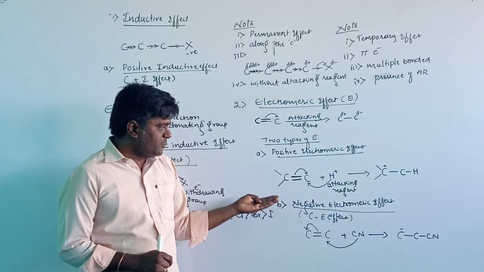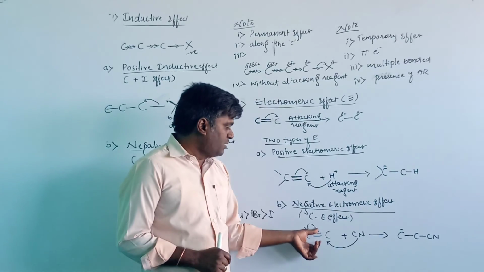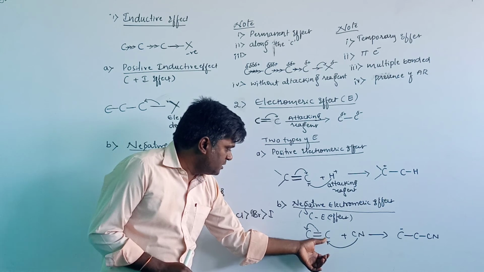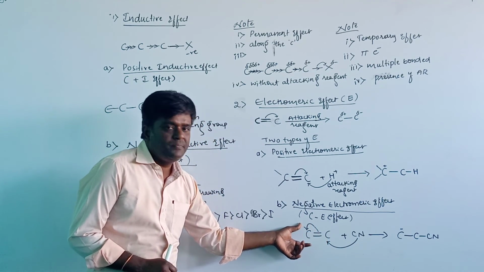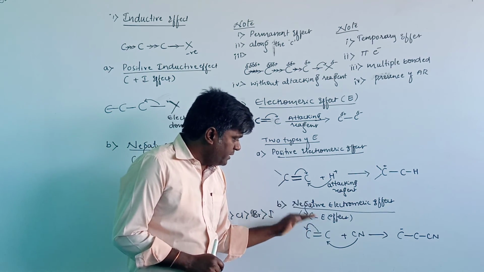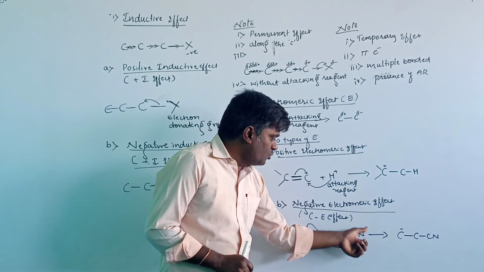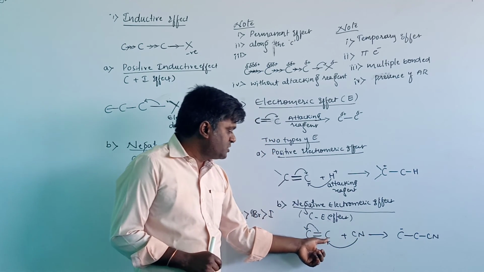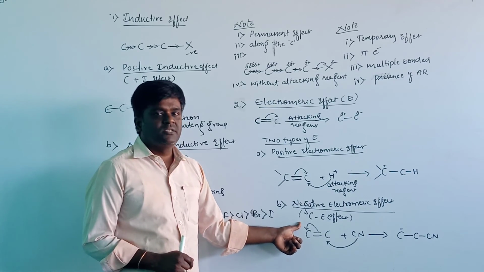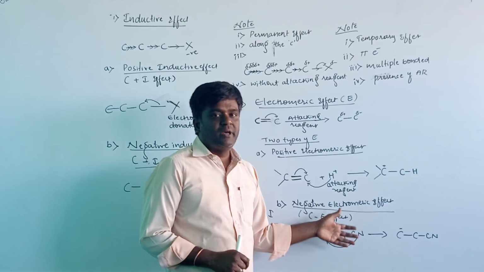In the negative electromeric effect, the displacement of electrons takes place away from the attacking reagent. Cyanide is more electronegative, therefore when attached to this carbon atom, the movement of electrons takes place away from the attacking reagent, then it is known as negative or minus electromeric effect.